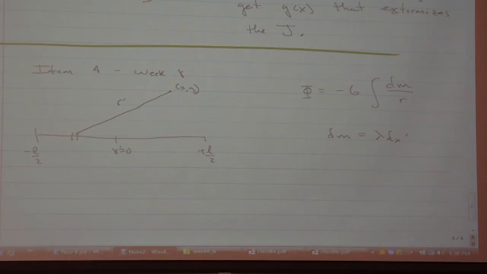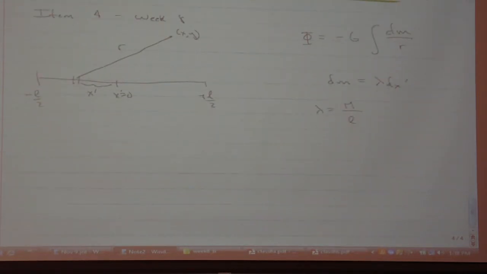Here's r. Here's x prime. Lambda here means mass per unit length, so that's just M over L. You can always write r as the square root of x minus x prime squared plus y minus y prime squared plus z minus z prime squared.